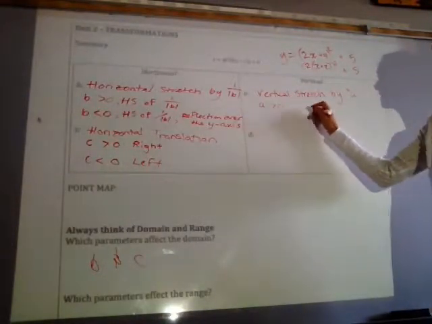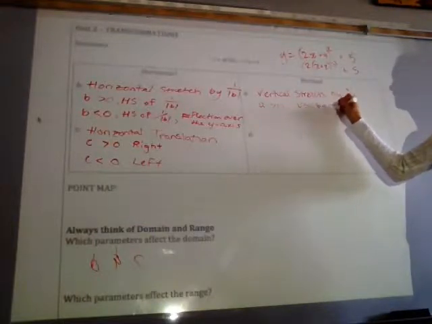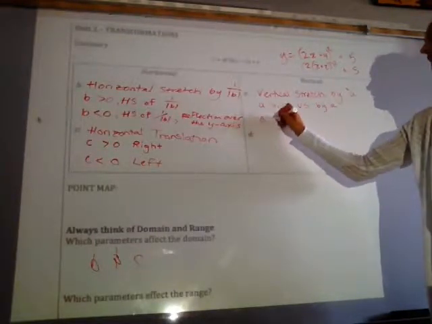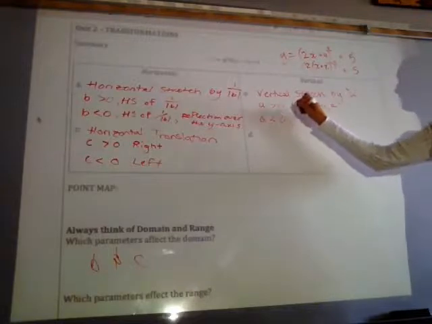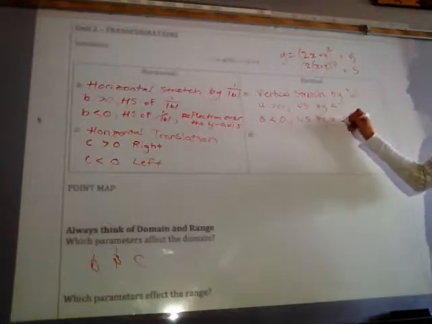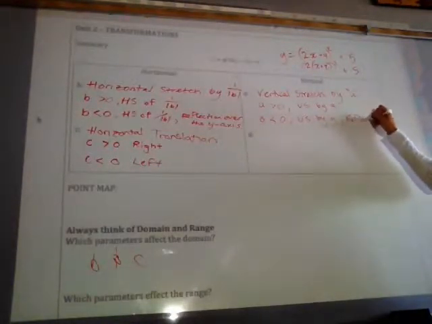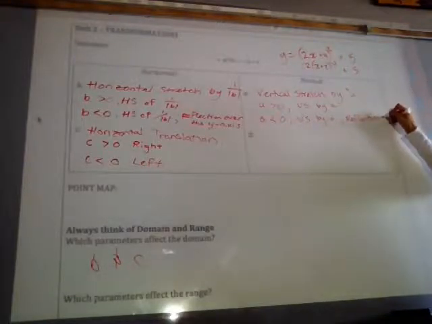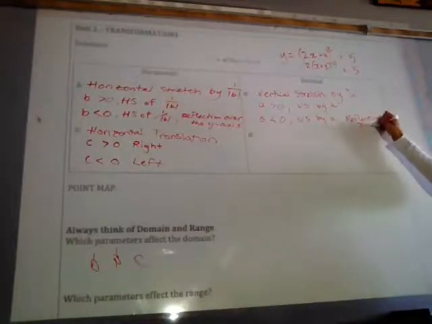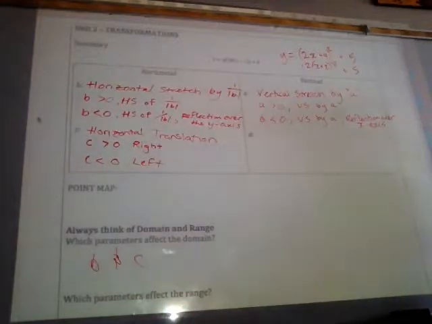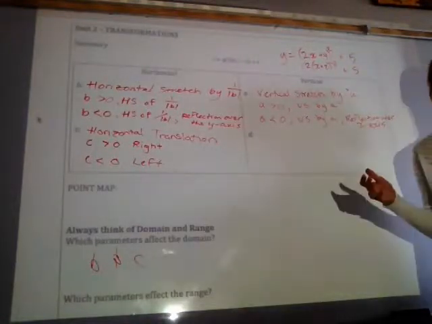If A is positive, we have a vertical stretch by A. But if A is negative, we have a vertical stretch by a factor of A, and we have a reflection over the x-axis. So if you're asked what the vertical stretch factor is, you wouldn't say it's -3. You would say it's a vertical stretch by 3, and then you would further describe there's a reflection over the x-axis.